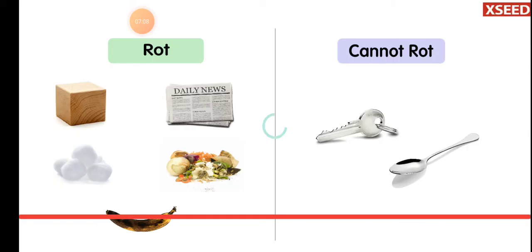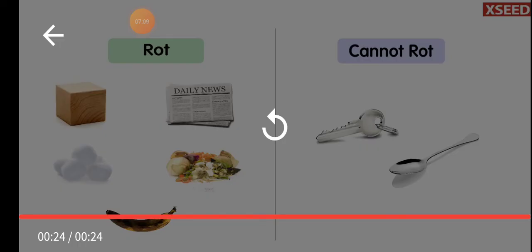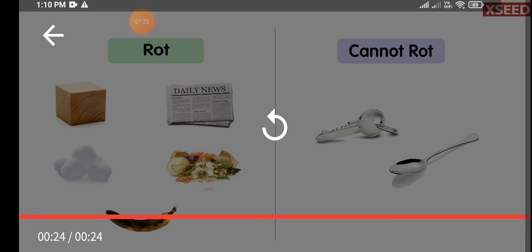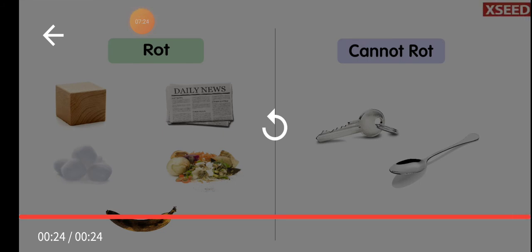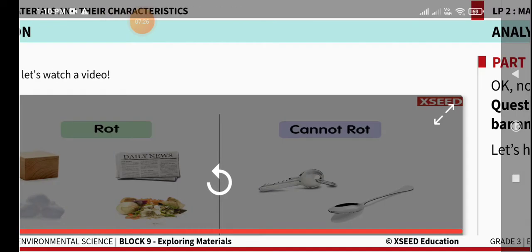So you can understand this. Some are rotting, some cannot rot, some are shiny, some are dull, some are hard, some are soft. These all are the different properties. The materials which are there beside you, they are all divided based on their properties.